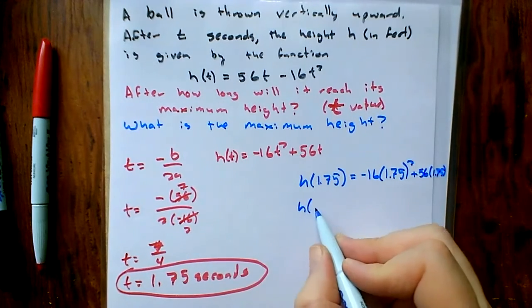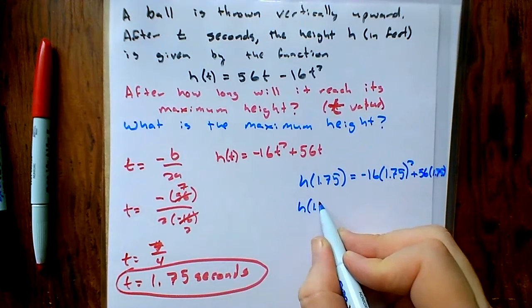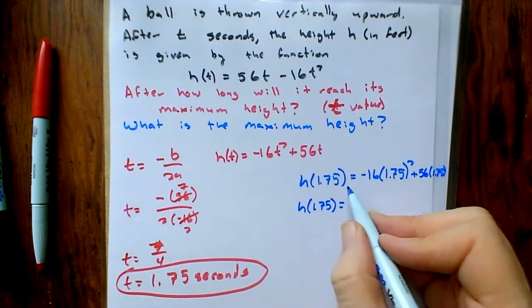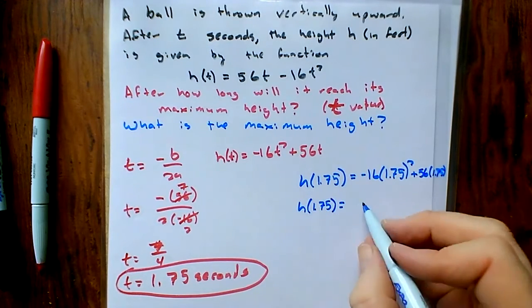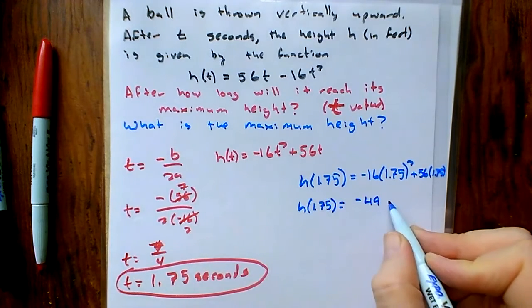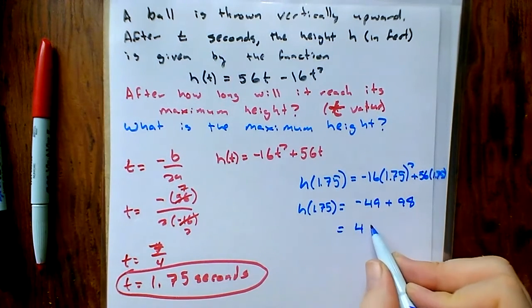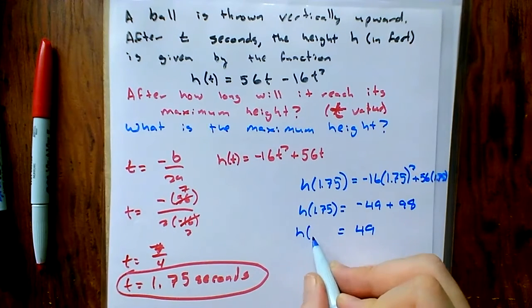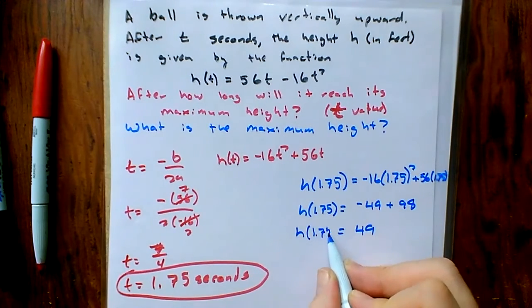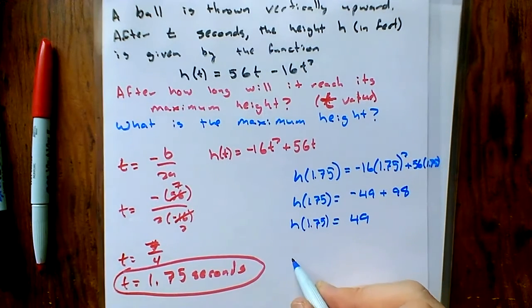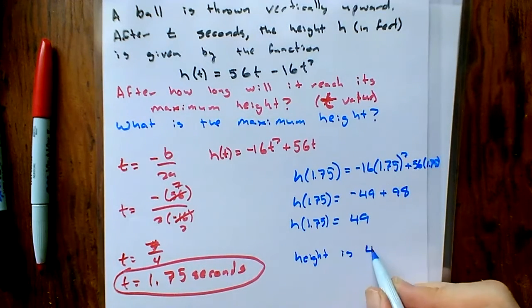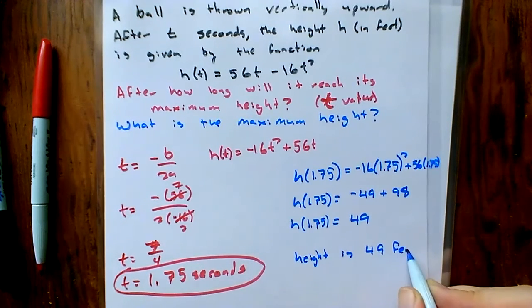I'll have that height is going to be, what would that be? Negative 49 plus 98. So this looks like I would have a height of 49. So the height is 49 feet.